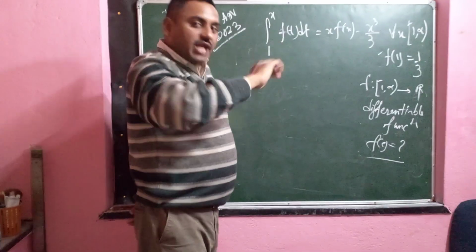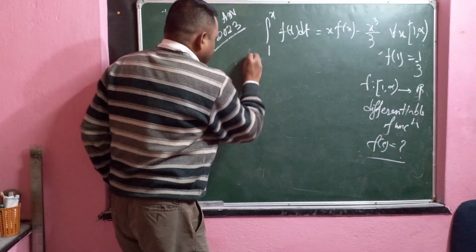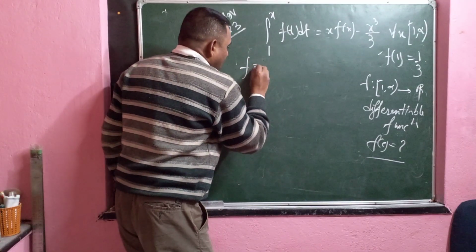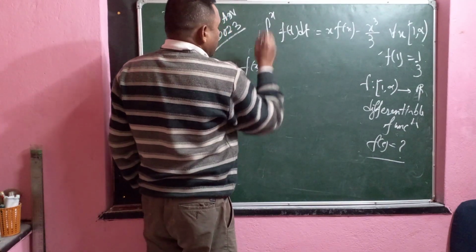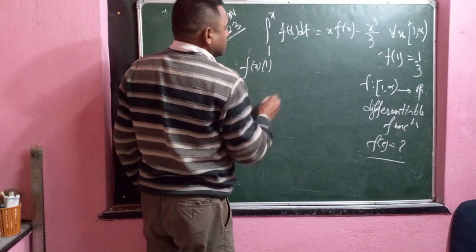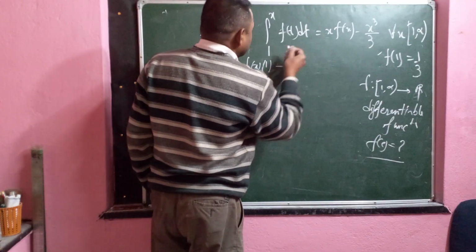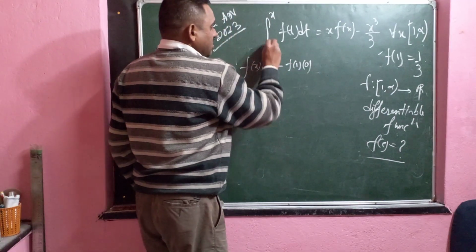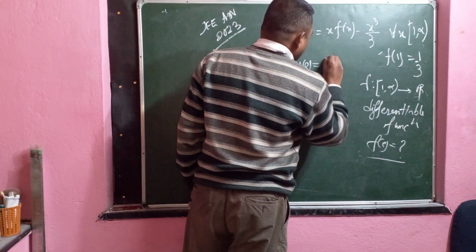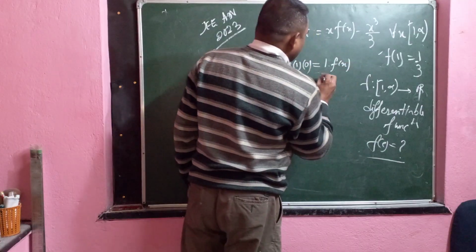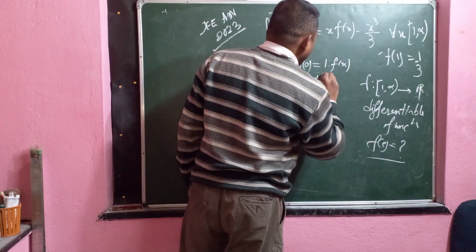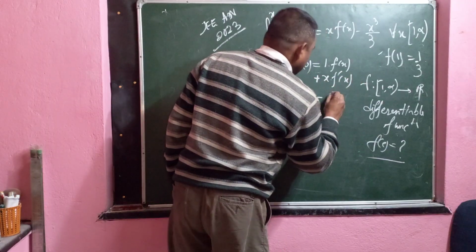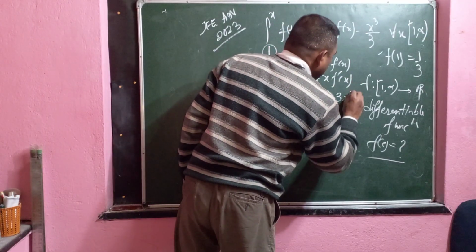Now take differentiation on both sides. What will happen? Integration, differentiation, this is Newton Leibniz. Okay. So d/dx of x is 1, and minus f(1) times 0. Differentiation of this is equal to 1 times f(x) plus x f dash x minus 1 by 3 times 3x square.